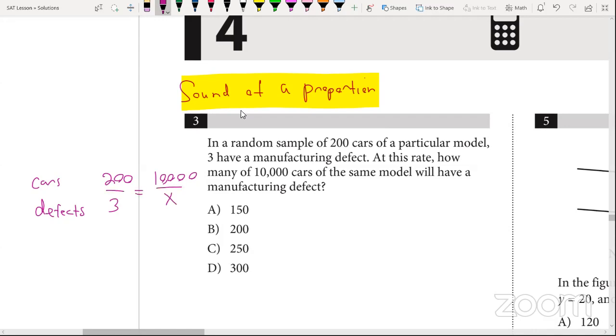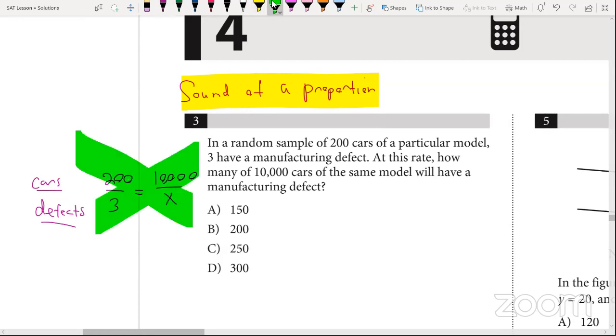So arguably, it's in the order of the proportion we need to set up. Arguably, it's not. But in any case, you can go ahead and label it like we did here to have more clarity on how to set it up if you are at all confused by that. And once again, we have a proportion, so we can cross multiply. So 200x equals 3 times 10,000.